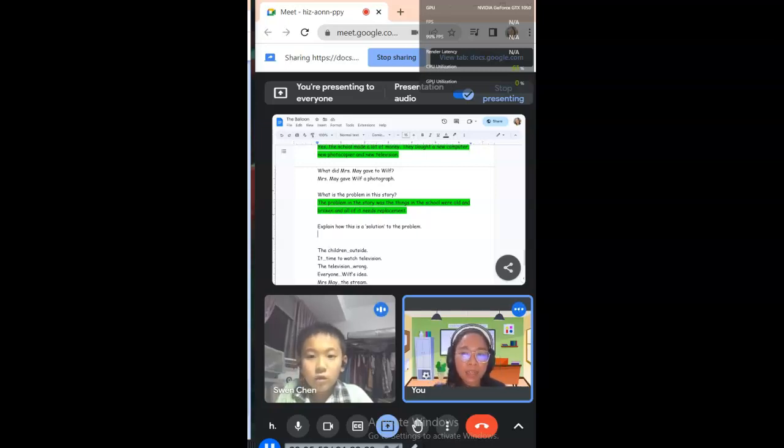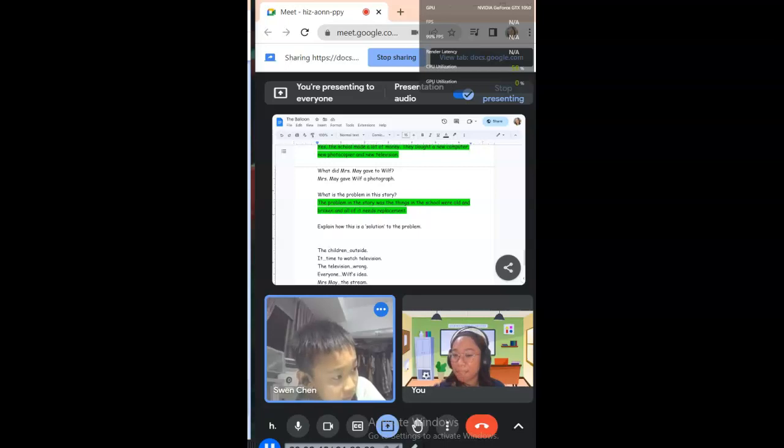The hot air balloon made tickets. It made the school have a new computer, new television, and new photocopier.